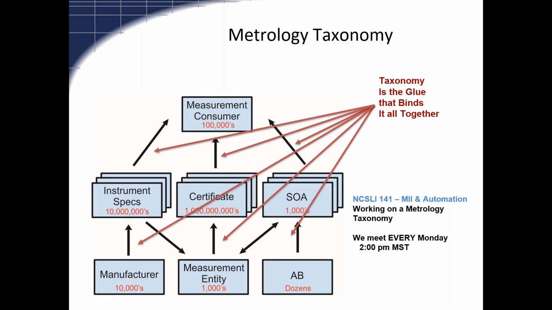What we started noticing in the group was we needed something to make that data usable. When I get back a whole bunch of data points, how do I know what that data point is and how that data point applies to my calibrator and how I can use that? That's where we started looking at this taxonomy being the glue that binds all that stuff together.